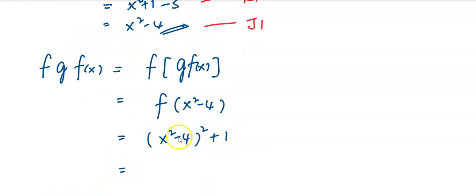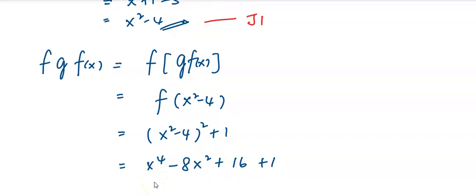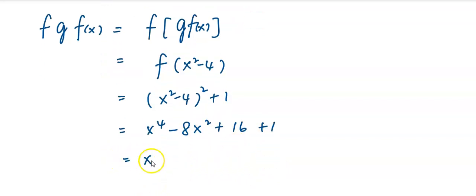Then we expand it and simplify. You got your x power of 4 minus 8x squared plus 16 plus 1. Then simplify it. You will have x power of 4 minus 8x squared plus 17.